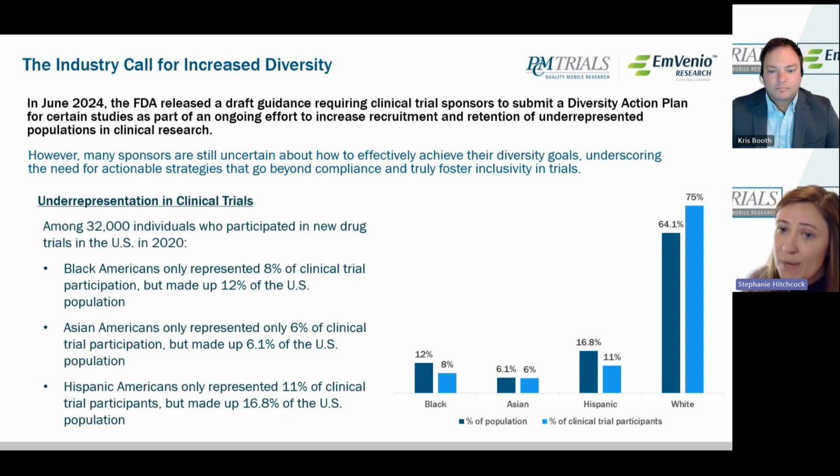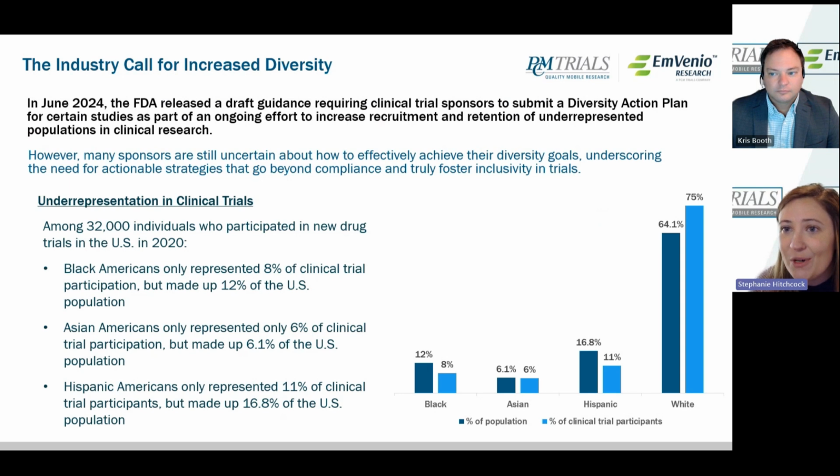Black, Asian, and Hispanic Americans were all underrepresented, with white Americans overrepresented. This is without diversity action plans. With a diversity action plan, the goal is to ensure that it is more representative of the population, but not just, of course, the United States population, but the population of that participant group.